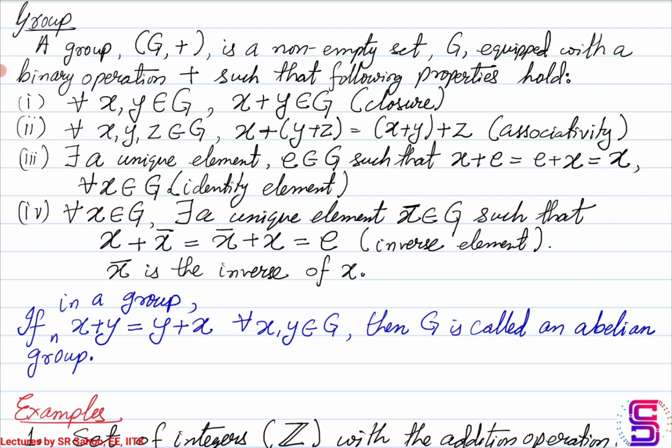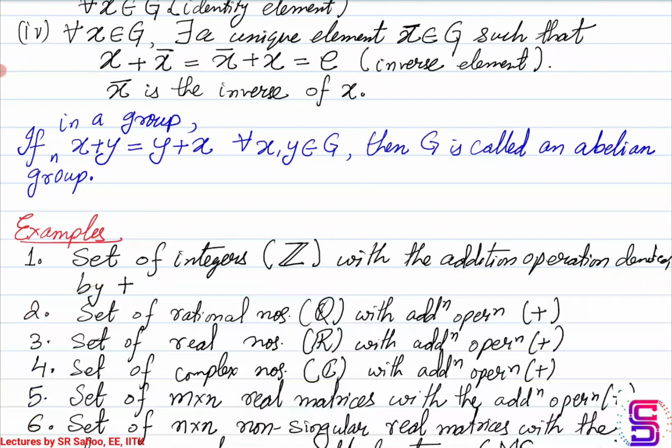However, if this commutativity holds for a group, then this group is known as an abelian group. So this group is known as an abelian group if the group satisfies the commutative property. This is an additional bonus that the abelian group has.